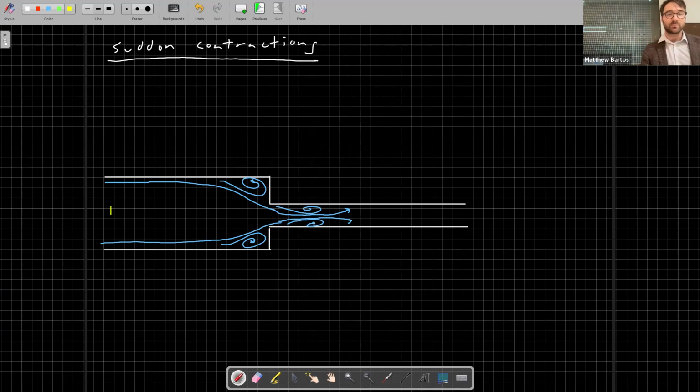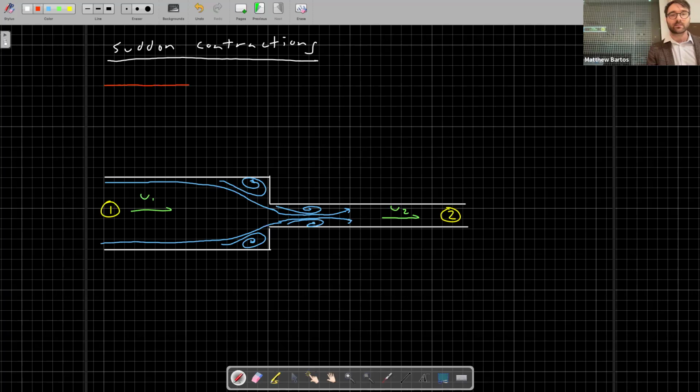So let me just label, this is point 1. This is point 2. At point 1, you have some velocity u1. And at point 2, you have some velocity u2. We can take a look at the energy grade line as we move through this contraction. So in general, it'll look something like this.